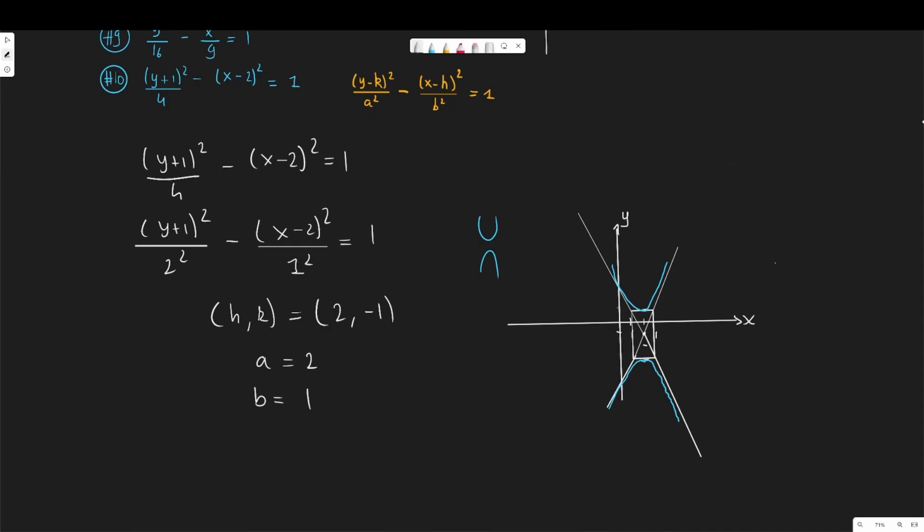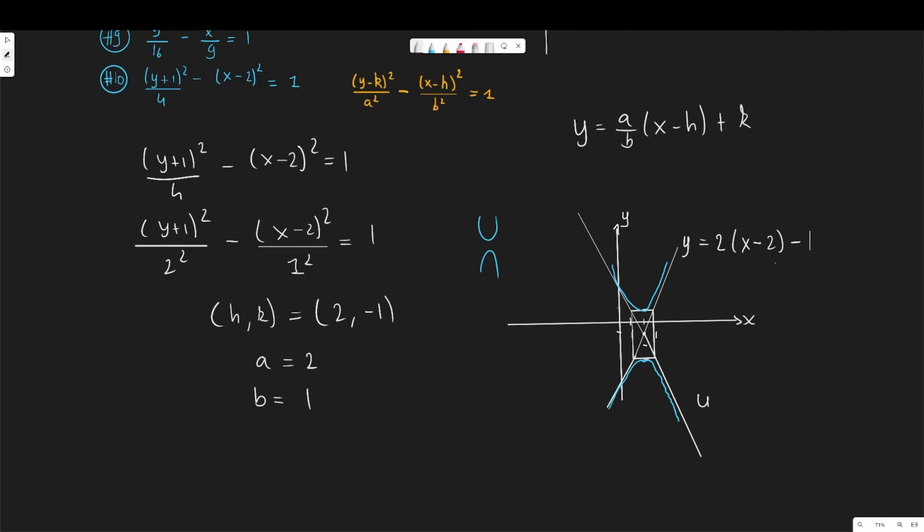So the general formula is y is equal to a over b times x minus h plus k for the upward asymptote. So this right here will be equal to a over b, which is the same as 2 over 1. So 2 times x minus h, which is just minus 2, plus k, and k is -1, so this will be -1.